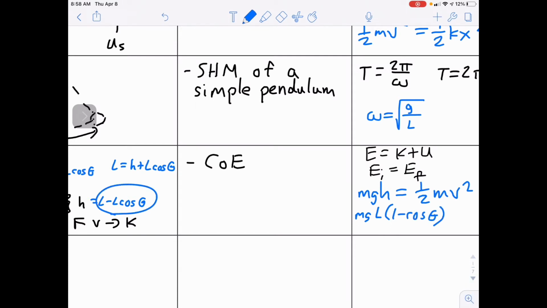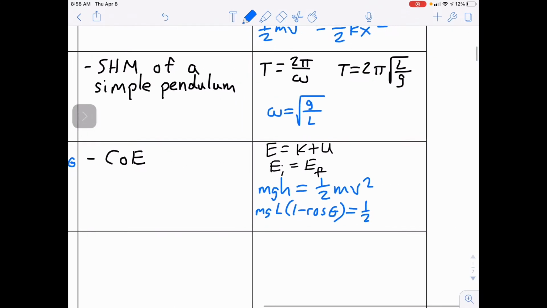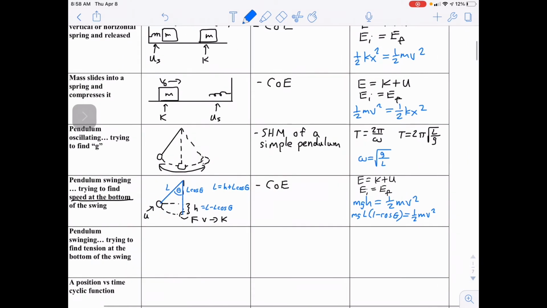If I factor out the L, what's left over? 1 minus cosine theta equals 1/2 mv squared. Okay, so this is what you must know. This is what you need to be able to figure out within the scope of the problem.